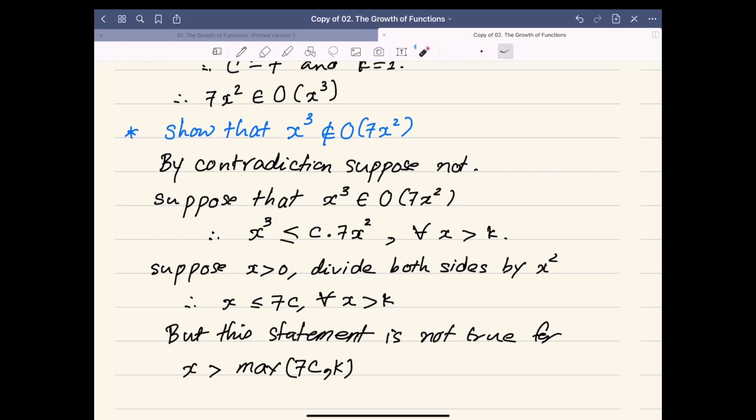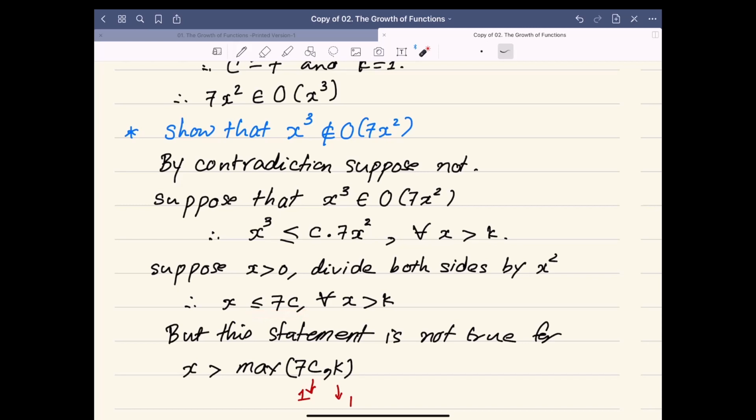So you take a value that is the maximum between these two, and it will make this statement false. So we have picked the value of c as 1 and k as 1. So the maximum between 7 and 1, so any value greater than 7 will make this statement false.